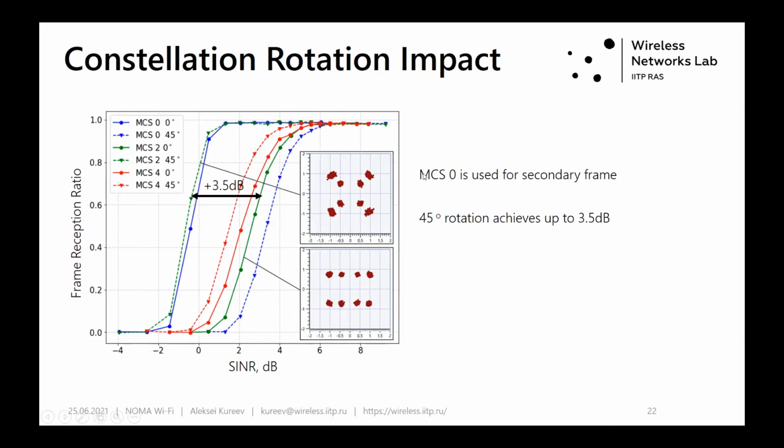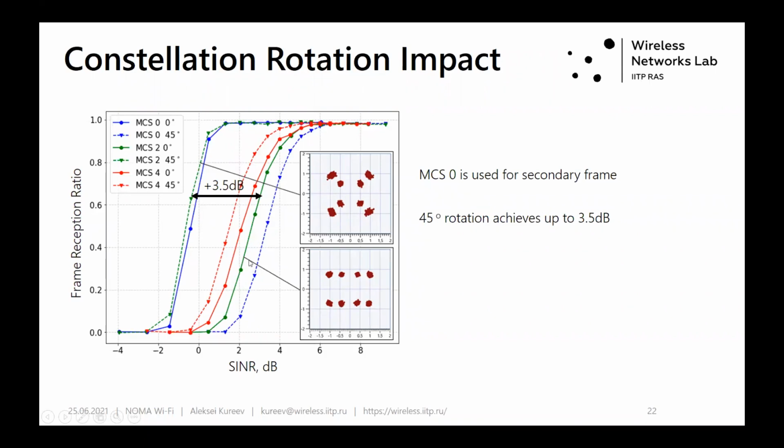And if we consider the constellation rotation impact, here we have an example of a combination of NCS0 for the secondary frame and NCS0 4 and 2 for the primary frame. We see here that constellation rotation allows us to achieve a gain of up to 3.5 decibels.